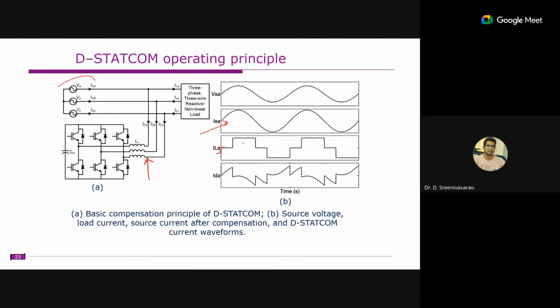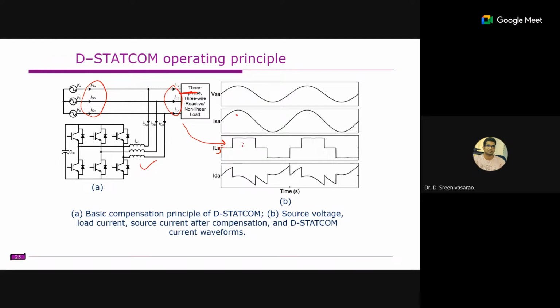From the source point of view, this acts as one load, and this acts as another load. If you add this current and this current, you are supposed to get a sinusoidal current on the source side. The remaining current is the harmonic. This is the load current. If you want to make it sinusoidal, the sinusoidal current minus this load current gives you the harmonic current.